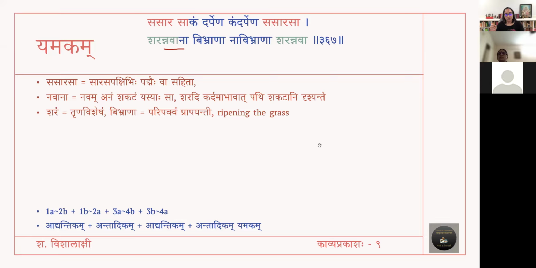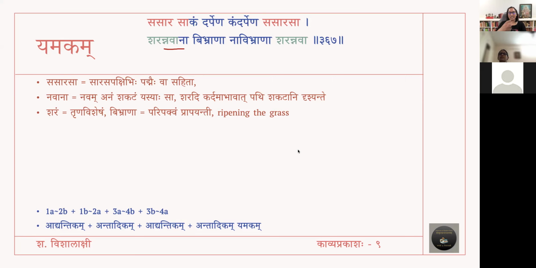But Bibhrana is usually holding on to or carrying. That is the meaning that we usually take it as. But then here the Vyakhyata also gives the meaning of Poshayanti. So Bibhrana is Poshayanti, that which nurtures the grass. Paripakam prapayanti. So by nurturing, it makes it grow into its final stage.